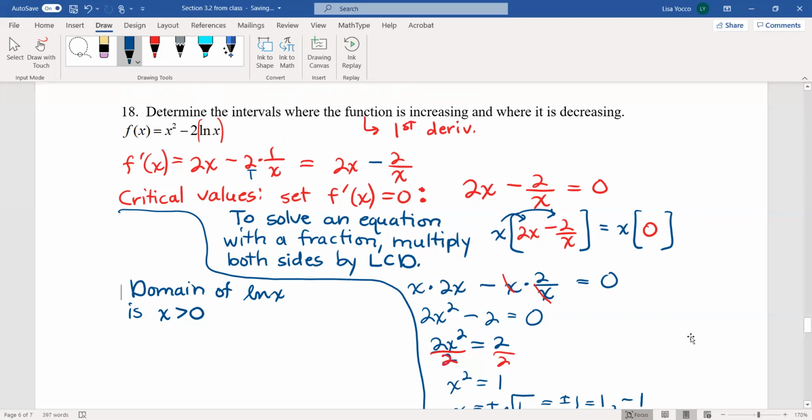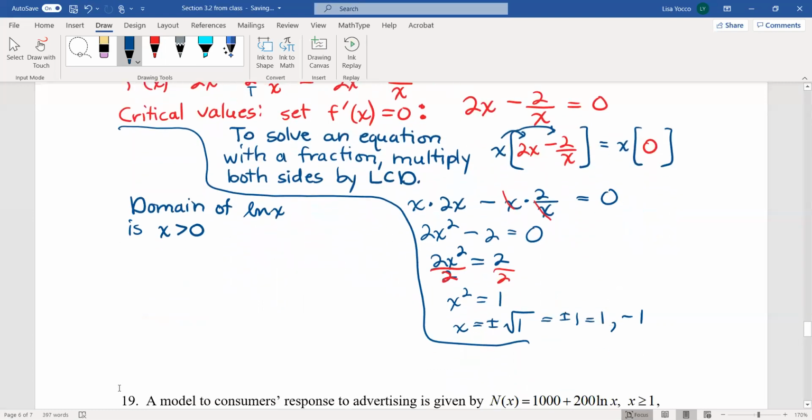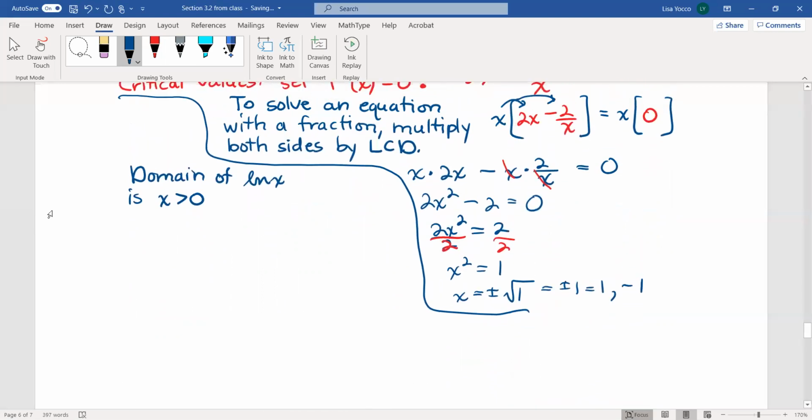So even though negative 1 is a critical value, it's not in the domain of our function, so we can't use it. All right. Just lots of things you've got to watch out for. Negative 1 is not in the domain of ln of x.